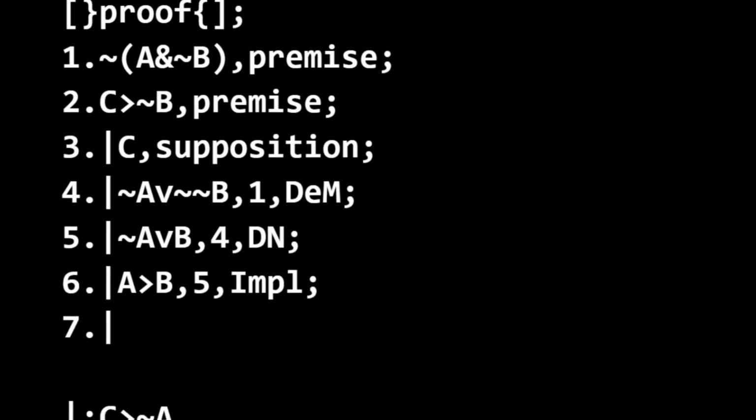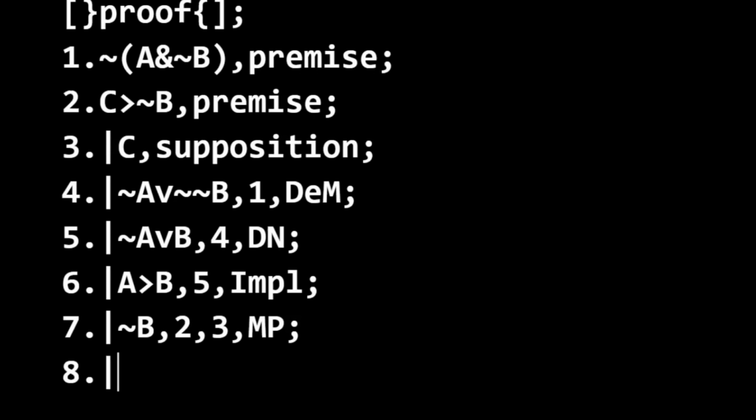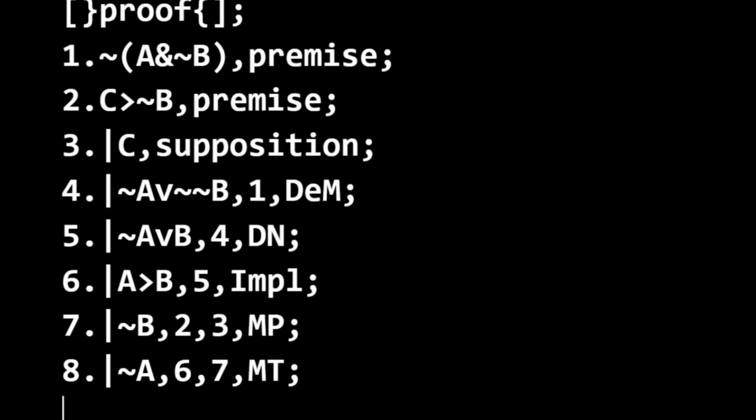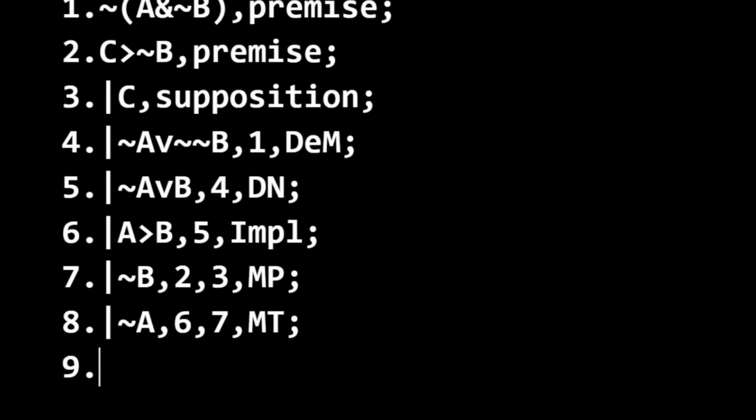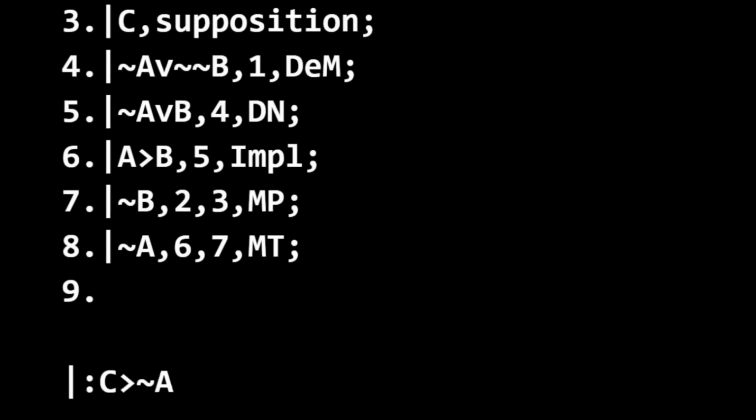Then from lines 2 and 3, we get not B by modus ponens. In line 8, we get not A from 6 and 7 by modus tollens. And then in line 9, we can get our conclusion.